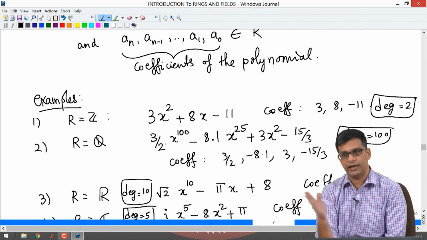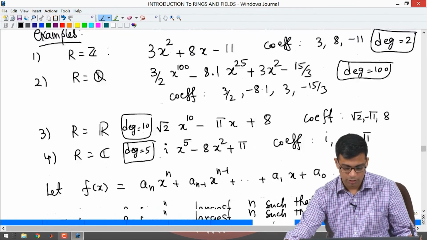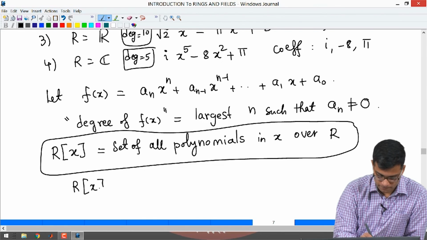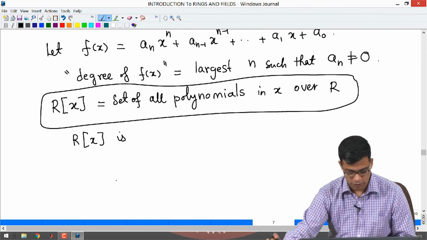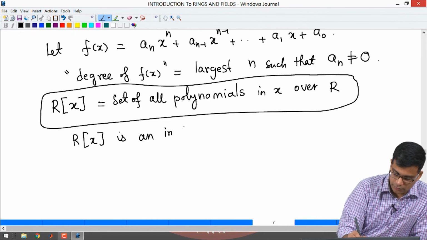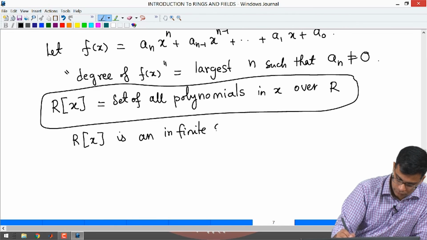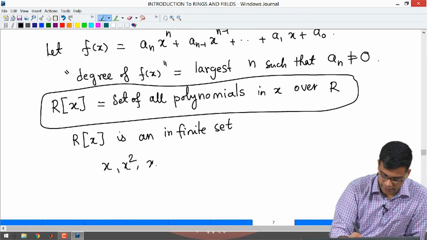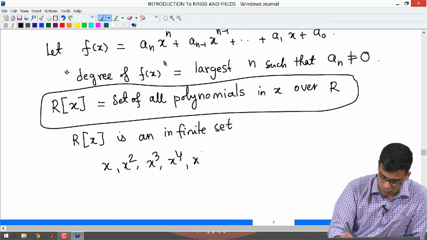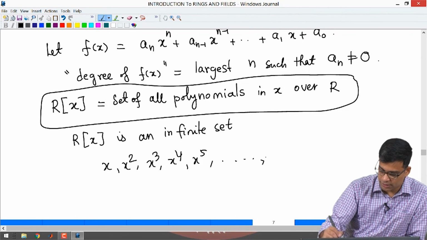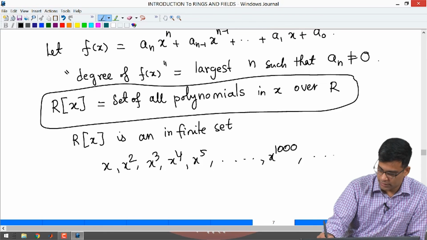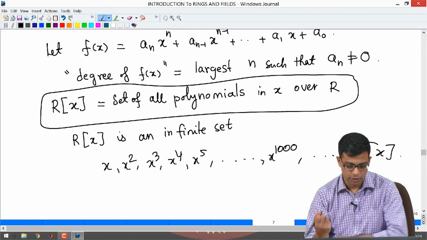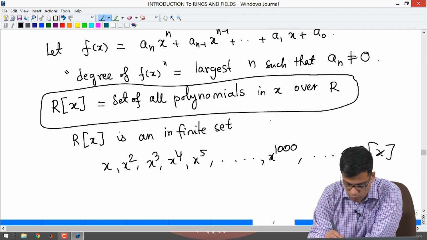But because the degree can be arbitrarily large, R[x] would be an infinite set, because it contains x, x squared, x cubed, x to the 4th, x to the 5th, x power 1000 and so on.